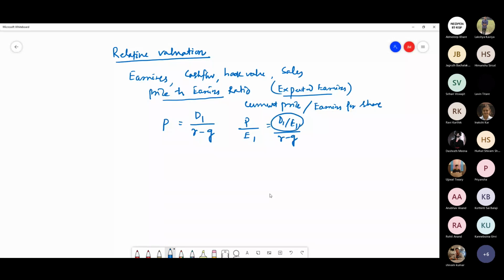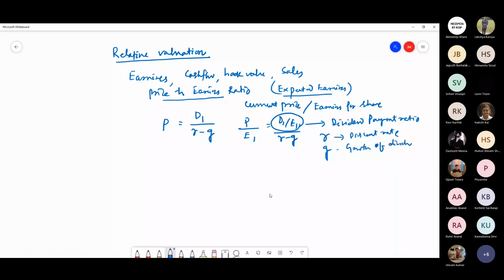It is nothing but the expected dividend payout ratio. R is the discount rate and G is the growth rate of the dividend.